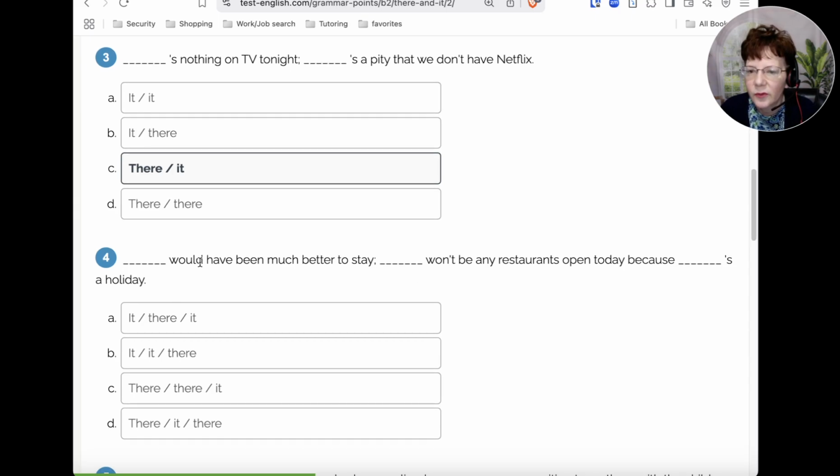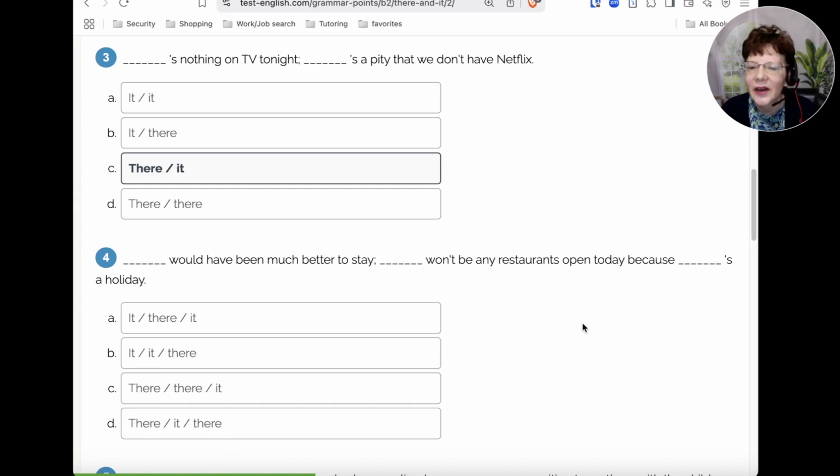What would have been much better to stay? And then what won't be any restaurants open today because what's a holiday? So we've got 3 blanks. Let's see all the choices: it, there, it, there; there, and it, there, it, there.